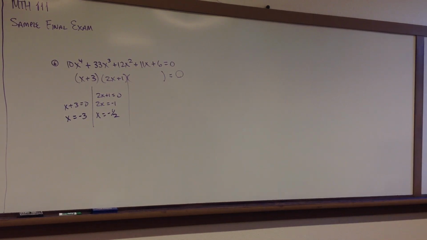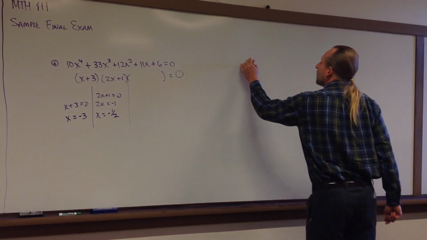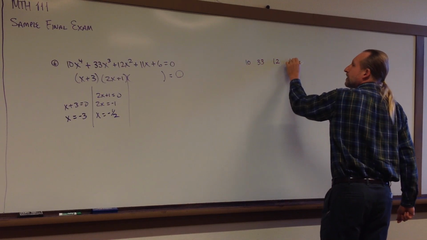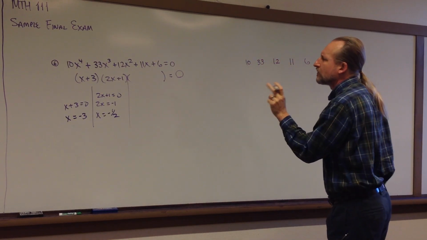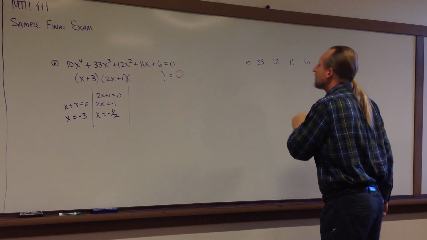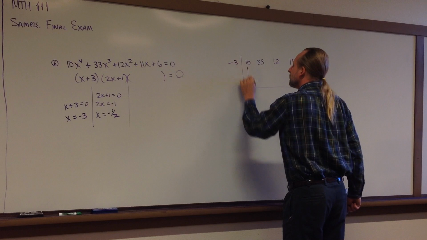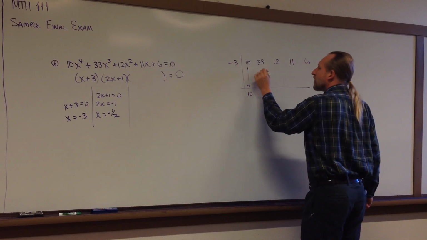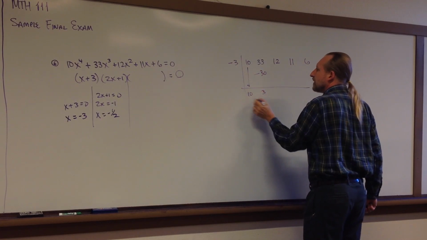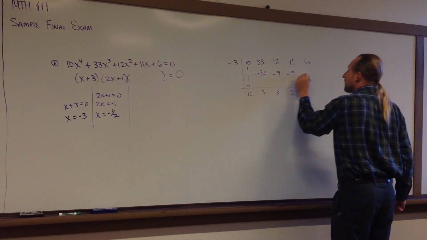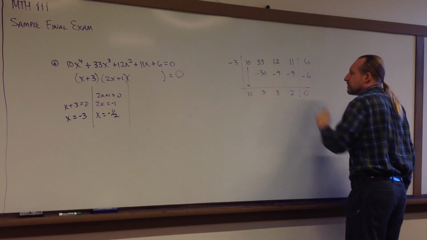All right, let's see here. So 10, 33, 12, 11, and 6. I'll do the -3 first. -30, -9, -6. There's our 0 remainder.